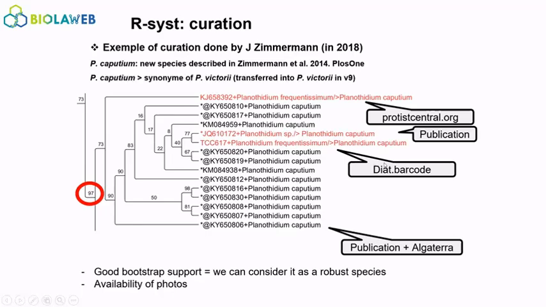However, I told you that year after year we have changes of taxonomy. Planotidium capucium, I think one year after we did this job in 2018, changed name, or someone said there is a synonymy between Planotidium capucium and Planotidium victorii. So in the following version, we had to change all these names to Planotidium victorii.